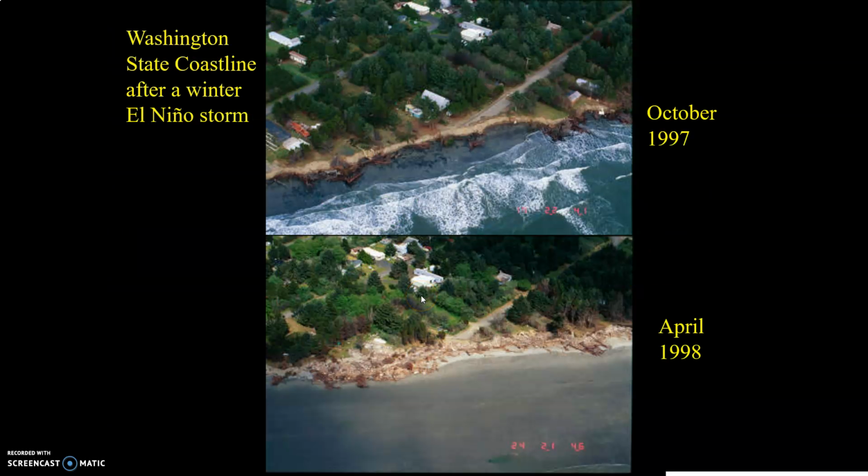Here's a Washington State coastline after the winter El Nino storm. This is in October 1997, and this is after the storm in 1998. You can see all the debris that's been deposited along the shoreline here. You can see some of this house that was here. It's no longer here. It looks like it was over in this area and it's been wiped.